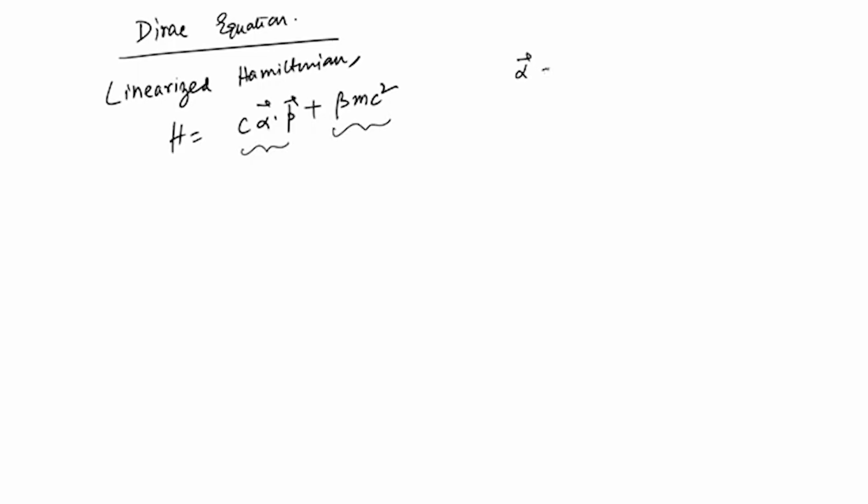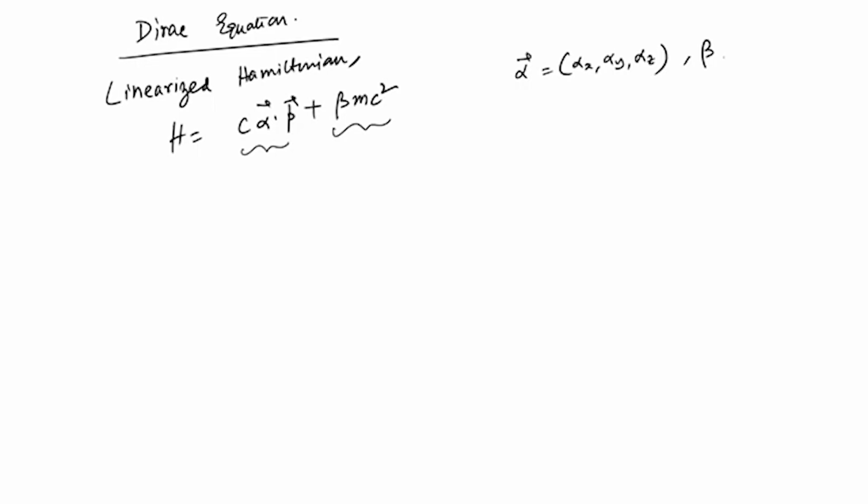Alpha and beta are matrices. We do not know the rank of the matrix, and neither do we know the form of the matrix, but they are matrices for reasons that we are going to tell you right away.